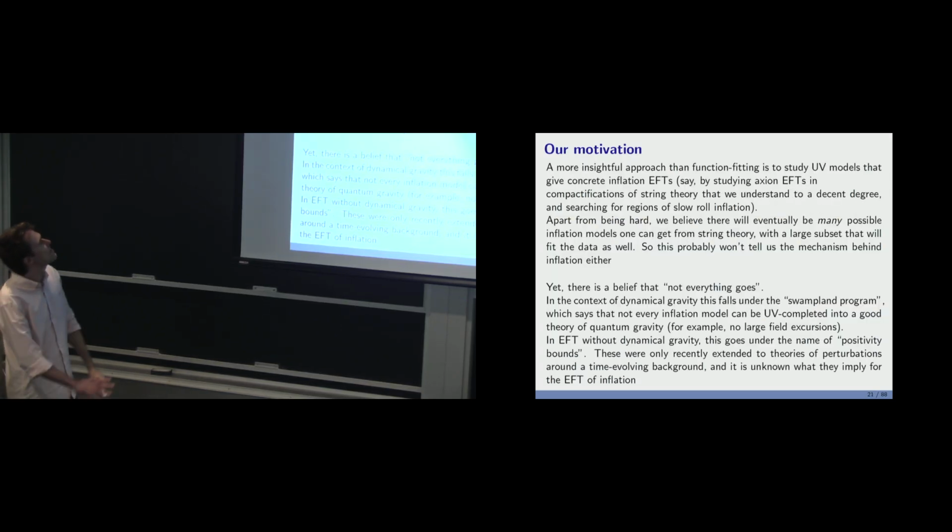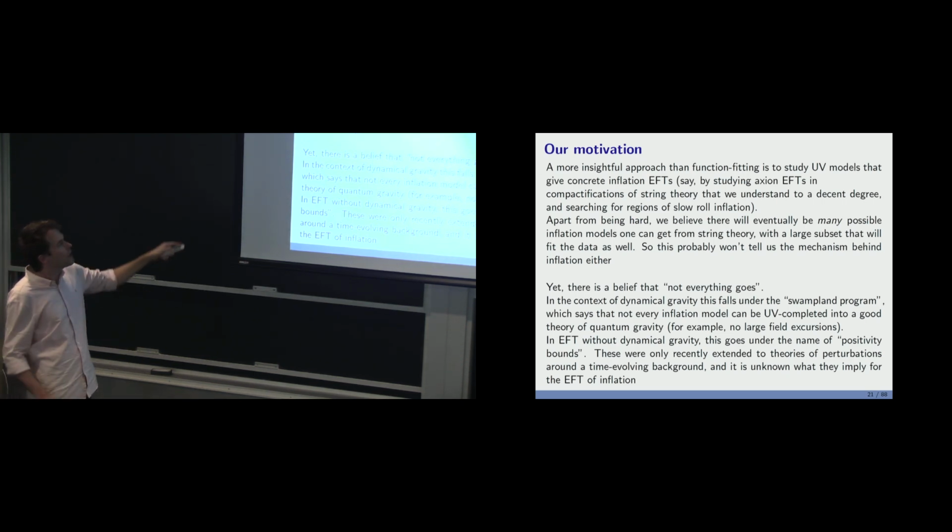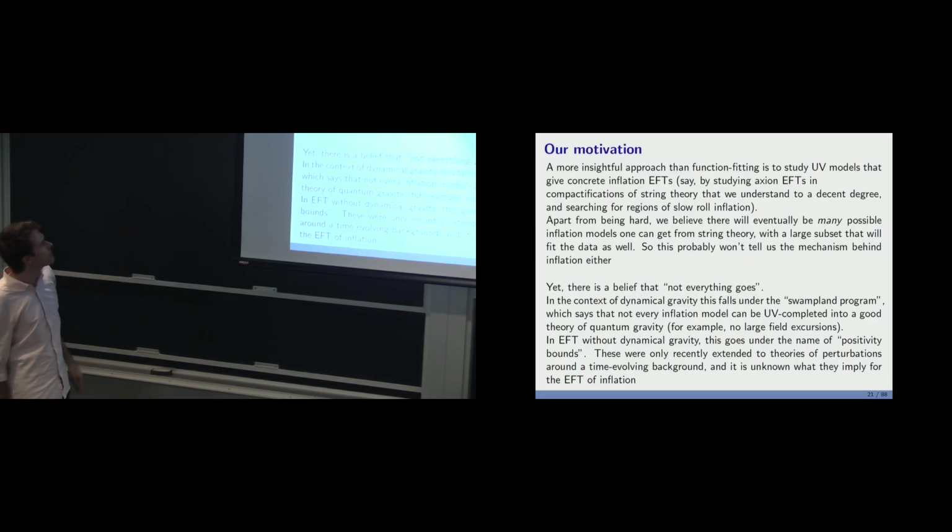So, now to more motivation. A more insightful approach than just this function fitting is, for example, to study explicit UV models. These are well-motivated models that give a concrete inflation effective field theory, for example by studying axion effective field theories and some compactifications of string theory that we understand to a decent degree, which happens to be what we're doing with Matt, Cami, and Naomi.